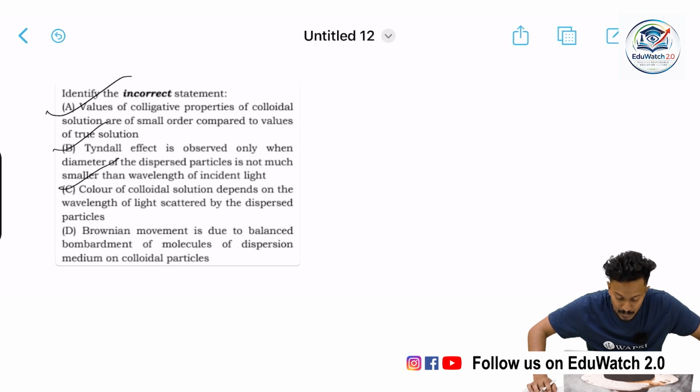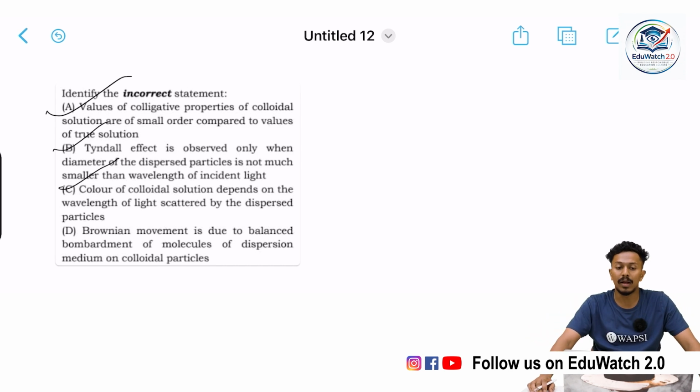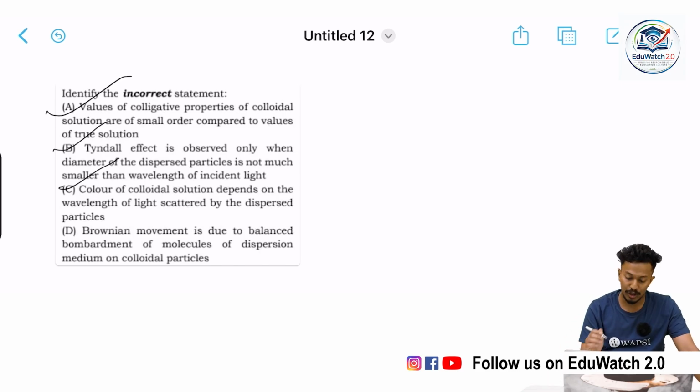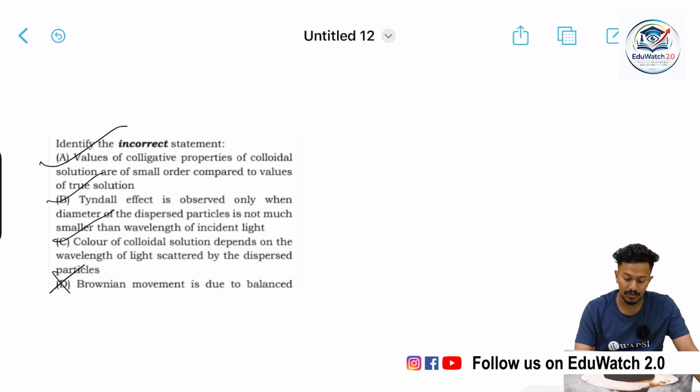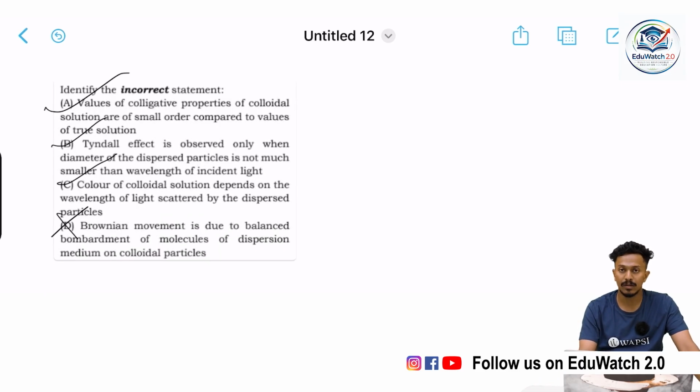Brownian movement is due to the balanced bombardment of molecules of dispersion medium on colloidal particles. Actually, Brownian movement is due to the unbalanced bombardment of molecules of dispersion medium on colloidal particles. So option D is wrong, and the correct answer for this is option D.